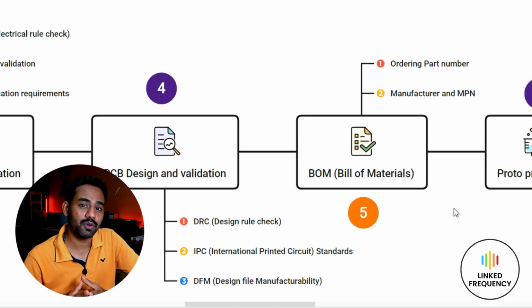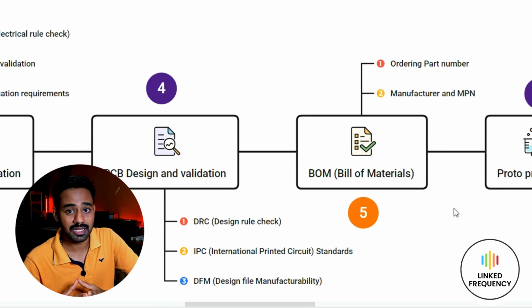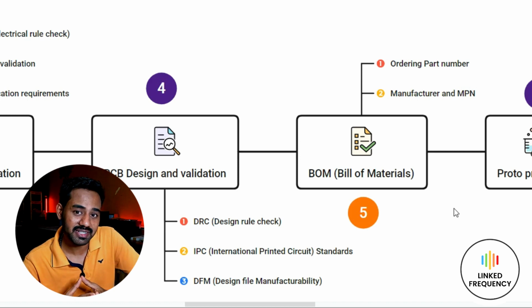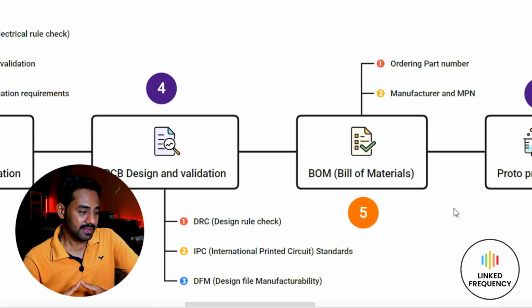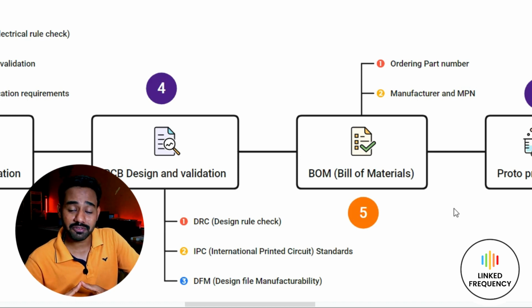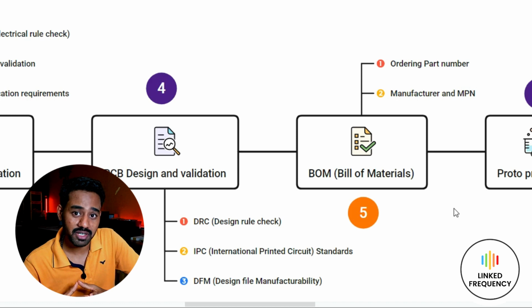So that vital information is captured in the bill of material and generated by a library designer in the EDA tool. Thereafter, we will get to know about the manufacturer and manufacturer part number in this bill of material. These two pieces of information are very important when we are ordering a product in large quantity.